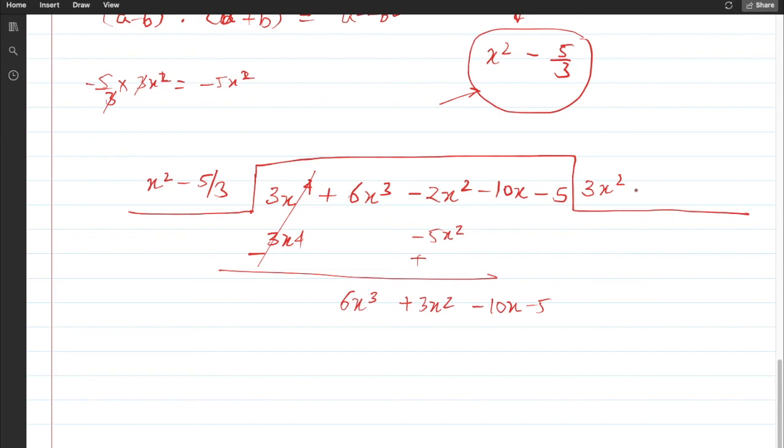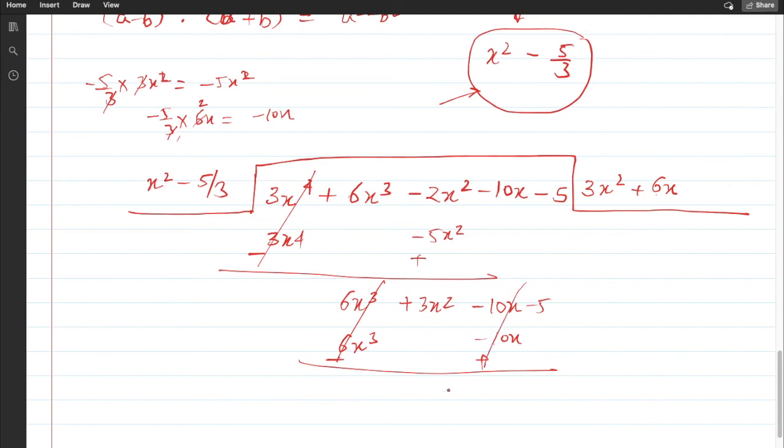So obviously you will multiply it by plus 6x. Yeah, so this will become 6x cube, and again minus 5 by 3 multiplied by 6x. The 3 will be cancelled with 6, 3 twos are 6, and this will be minus 10x. So you can write minus 10x over here. Minus and positive sign will be reversed. This will be cancelled out, this will be cancelled out. You will be remaining with 3x square minus 5.